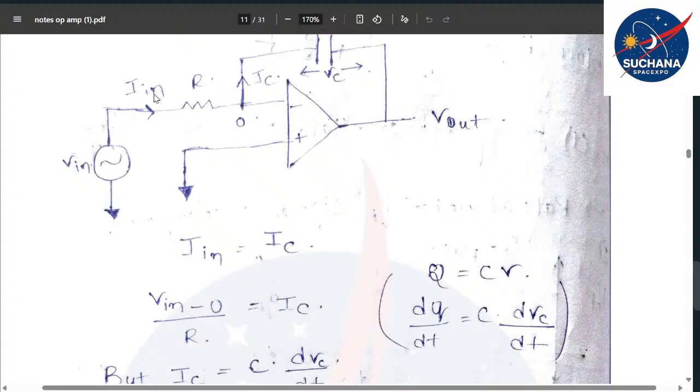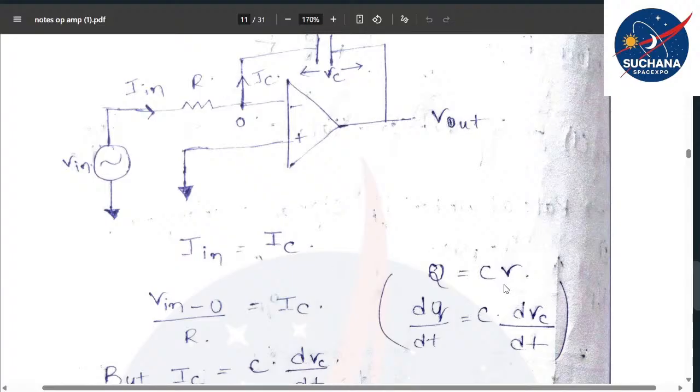So (Vin minus 0) by R equals IC. Now we need to calculate IC. Basically, first we calculate the value of IN, then the value of IC, then we equate IN with IC and derive the further expression.